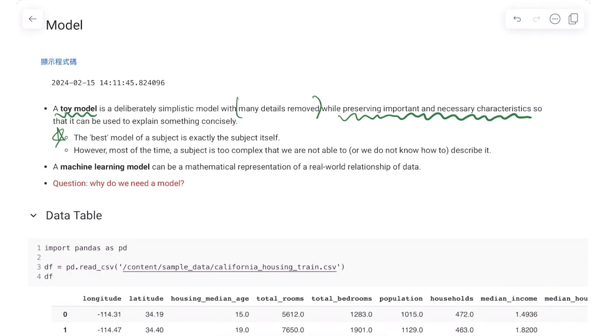But from the perspective of data mining or machine learning, it is a little bit hard for you to analyze such a complex subject, because a car has so many characteristics, so many parameters, so many things you need to describe to make a real car. That is not efficient for us to analyze a car. So we need a more simplified way to describe a car. So we need a model.